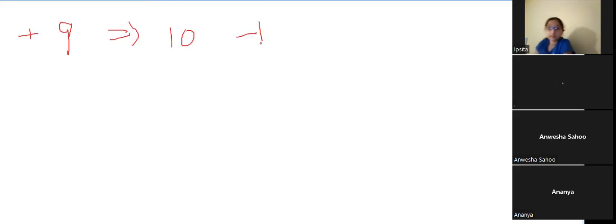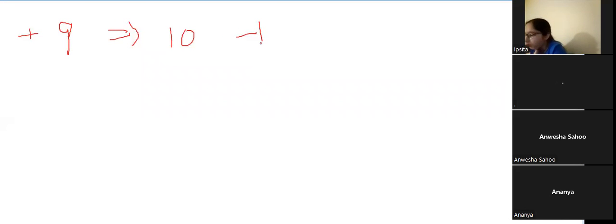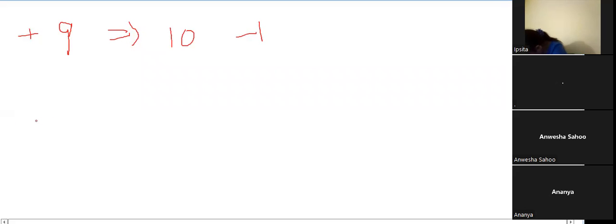Instead of adding 9, we added 10 and from the result we subtracted that one. But now in this case, instead of subtracting 9, we will subtract 10 and at the end we'll add that one.